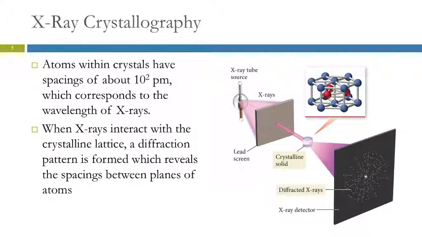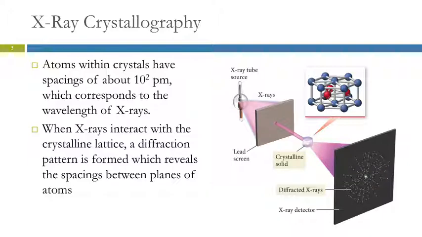So atoms within the crystals of a crystalline solid have spacings of about 100 picometers. 100 picometers is about the wavelength of X-rays. So we can shine X-rays through a crystal, and the gaps between the atoms act as the slits and cause interference patterns with the X-rays.